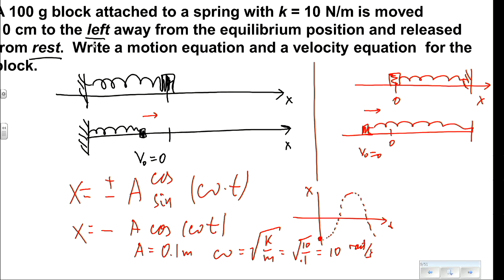So technically, this is what's happening. Or this. If we compress now, still symmetry.